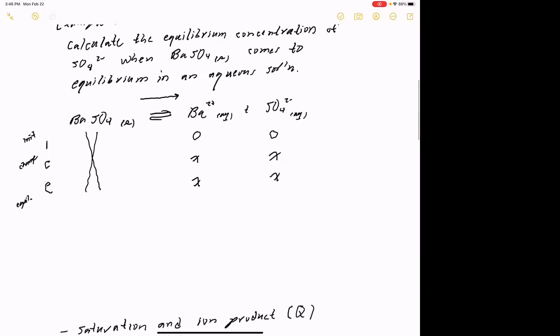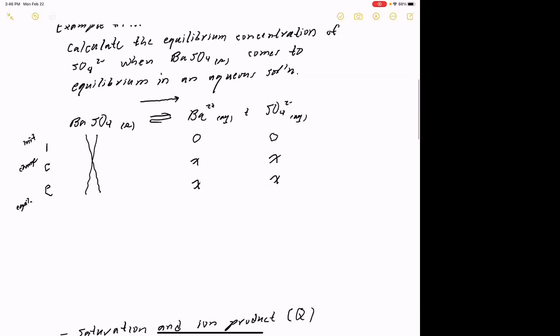Ultimately what I'm trying to do is figure out what X is, because X represents the equilibrium concentration of the sulfate. So if I can generate an algebraic expression and solve it for X, I've got the equilibrium concentration of the sulfate in the solution. Everybody see that?